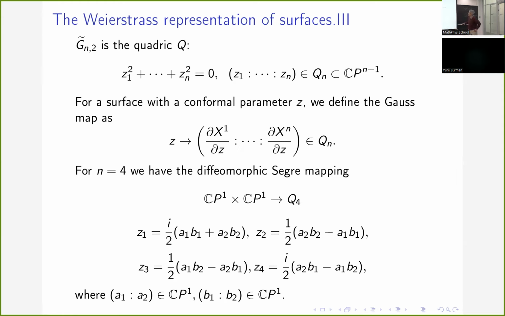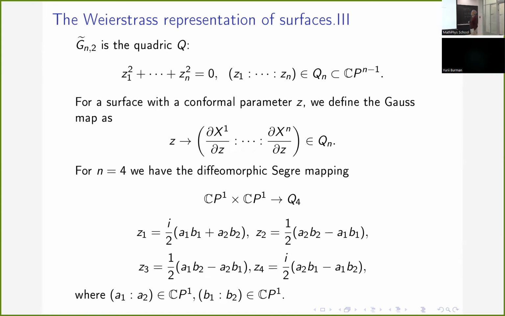So this has to be taken as homogeneous coordinates. Because multiplication of this image of the Gauss map by some complex number just means that we rotate this basis and rescale this basis, nothing else. So these quadrics are just Grassmannians of two-planes in Rn.